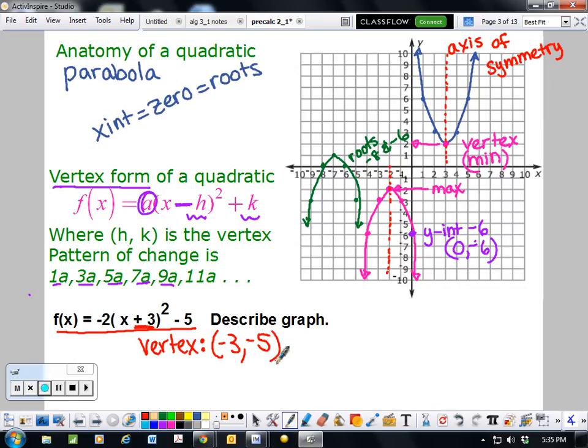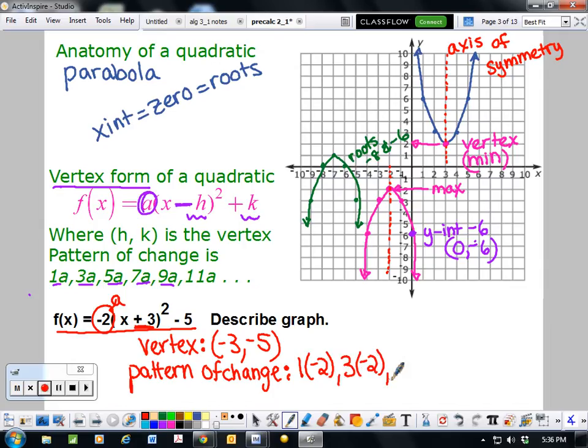And then we have a pattern of change, and that's going to tell me how I get the rest of my points: 1a, 3a, 5a. And our a value is right here. So it's really 1 times that a, 3 times that a, 5 times that a.